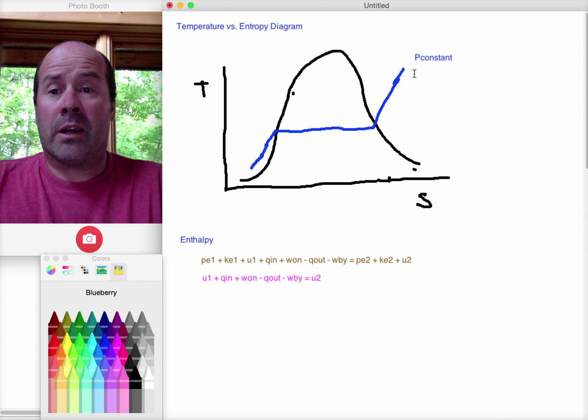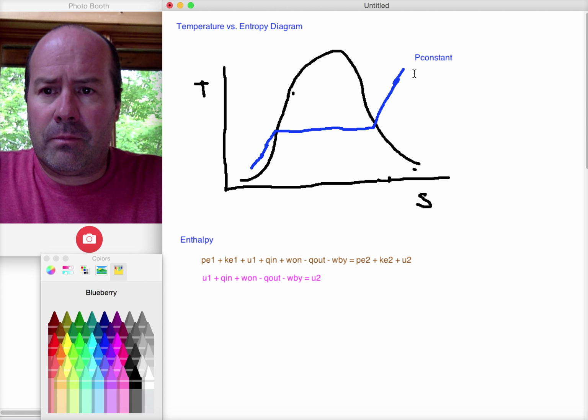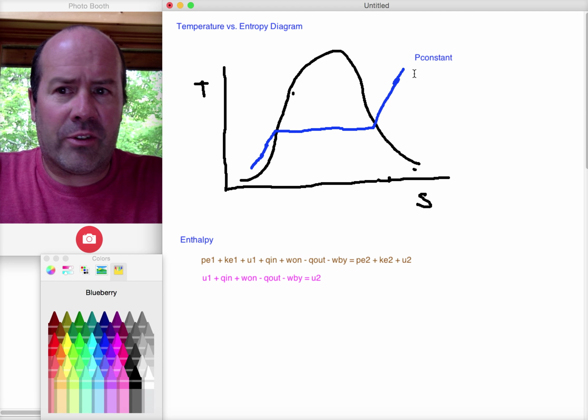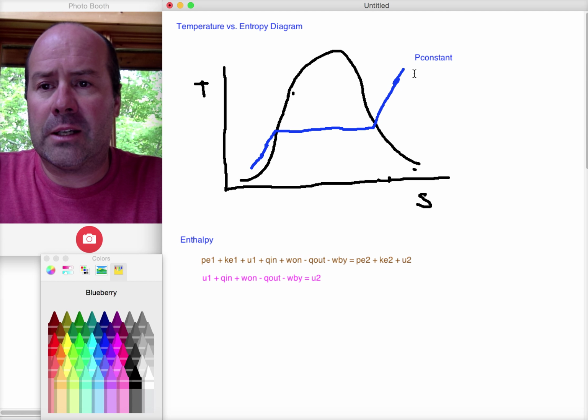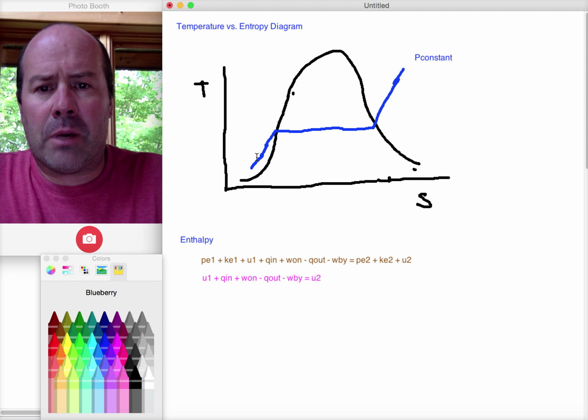And if we were talking about water at atmospheric pressure, so 14.7 psi or 101 kilopascals, and then we're talking about boiling water, well, we would start with a liquid.